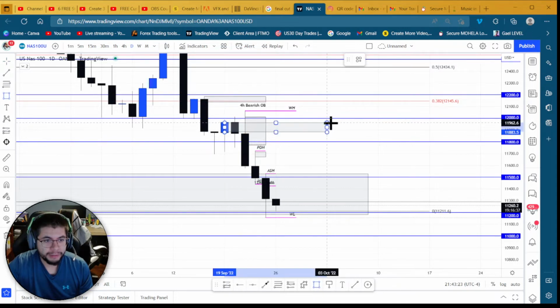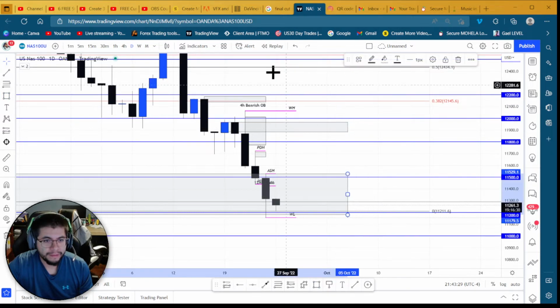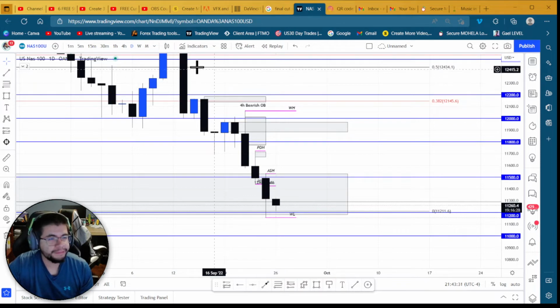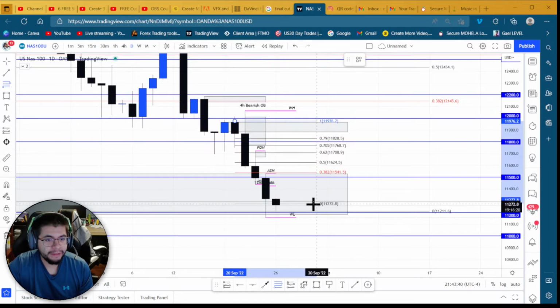We'll see if this lines up with any fib levels, which we can draw from right here. Right here maybe? No, I don't see anything there. Or this one.